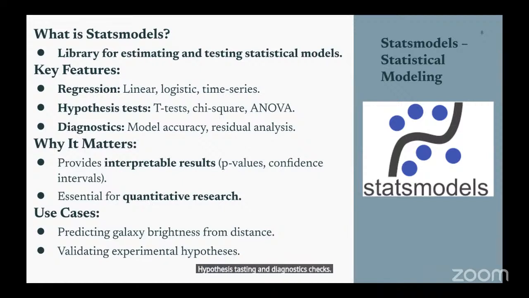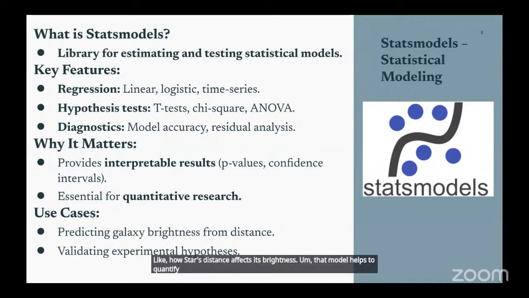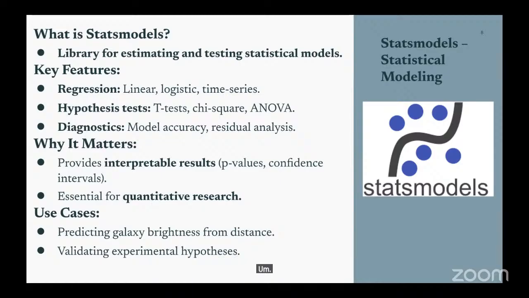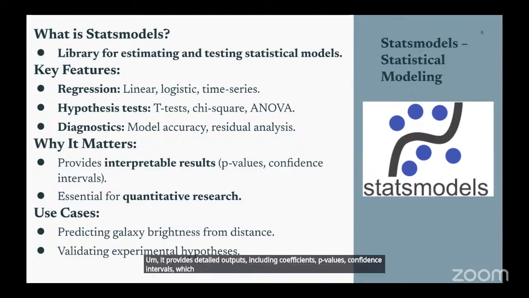For example, if we want to understand how one variable influences another, like how a star's distance affects its brightness, statsmodels helps to quantify the relationship and assess the significance. It provides detailed outputs, including coefficients, p-values, and confidence intervals, which is crucial for interpreting scientific results.